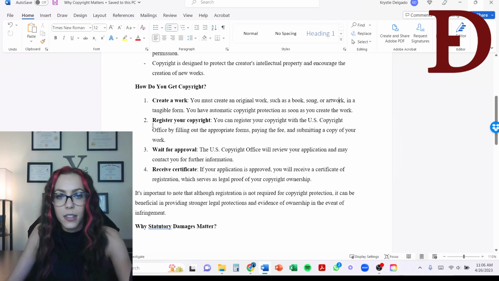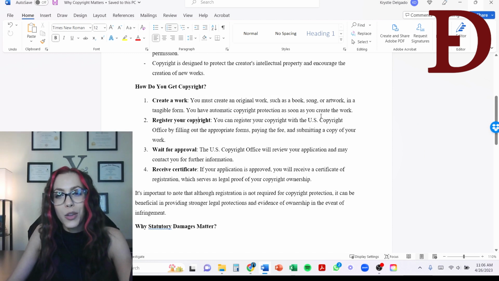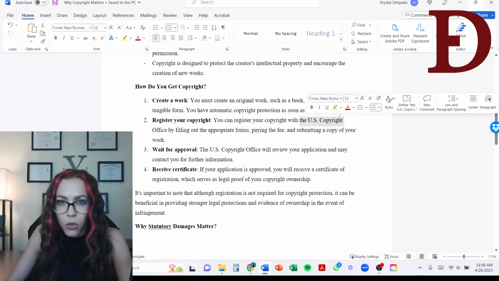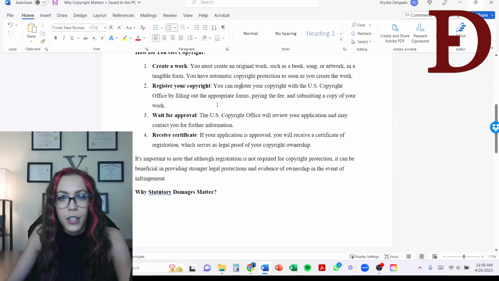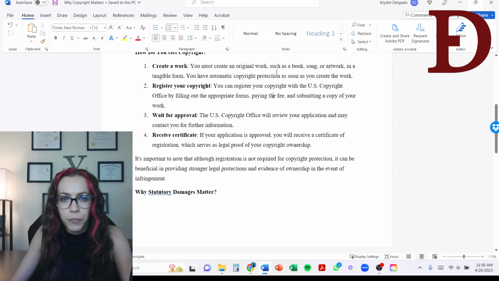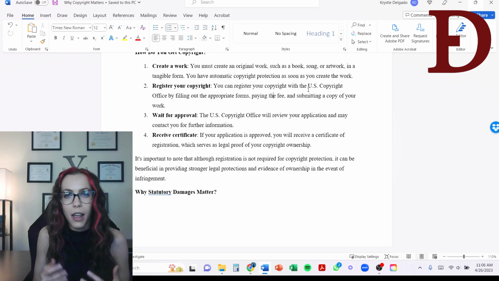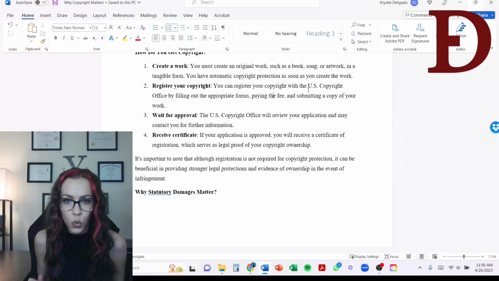Now, the second step is registering your actual copyright with the U.S. Copyright Office, otherwise called the Library of Congress, and you're going to pay a minimal fee. I think the standard application's like $65. So we're going to take that formal step, which really isn't that expensive, because when it comes to an actual lawsuit, when it comes to actual enforcement, that makes a huge difference.